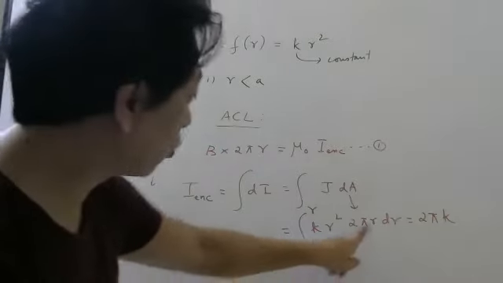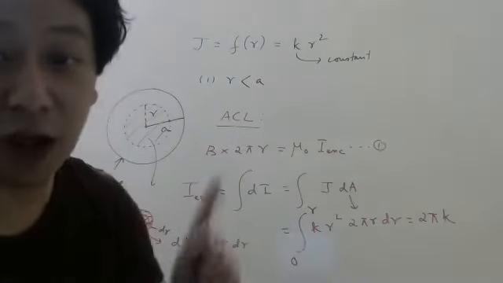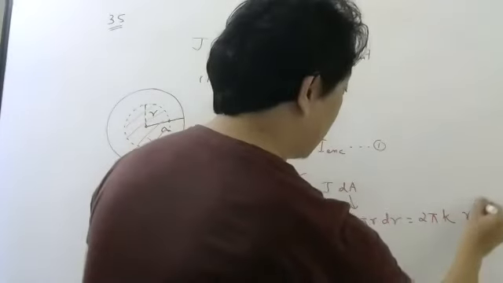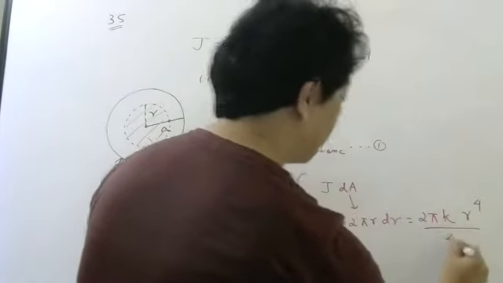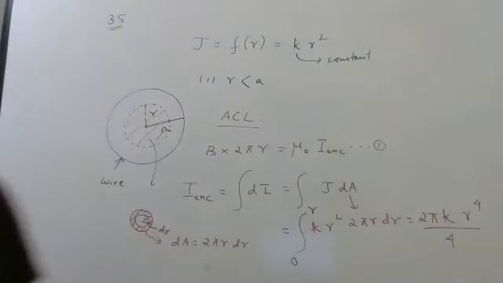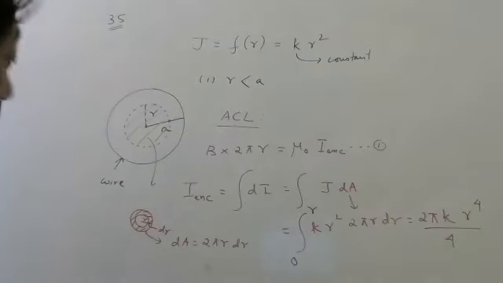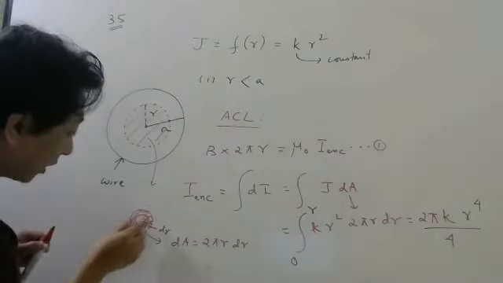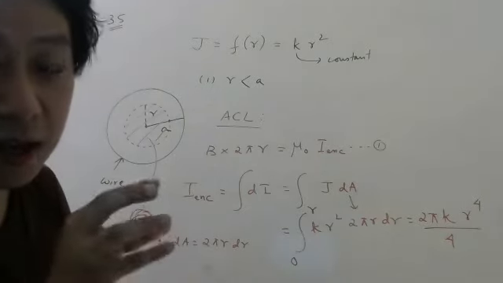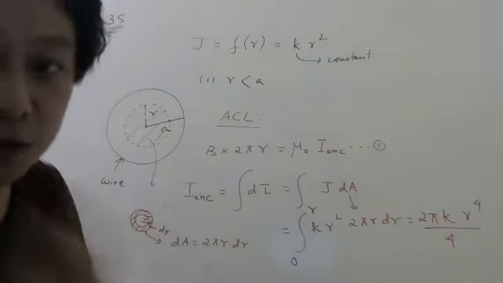Integration of r square into r means integration of r cube. Integration of r cube will be what? R power 4 by 4. Okay, so this is how you should find the current enclosed when current density is not constant. So first, find the small current through a small area, then you integrate to find the total current.